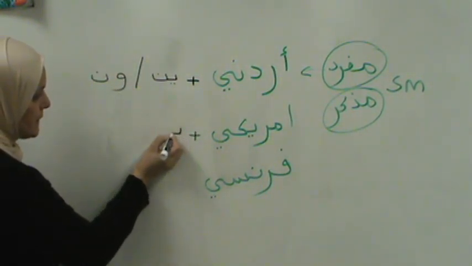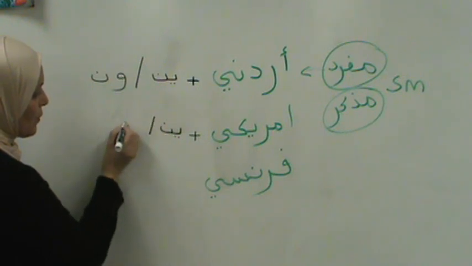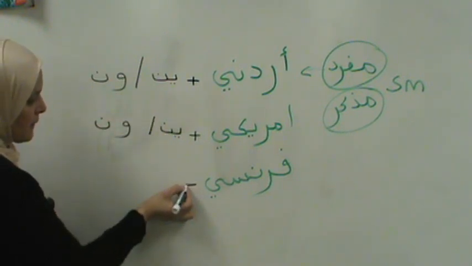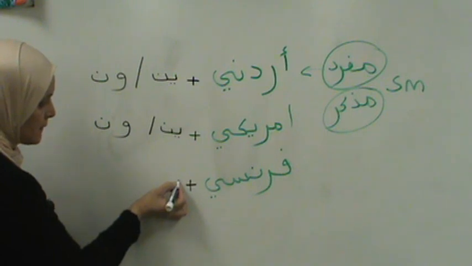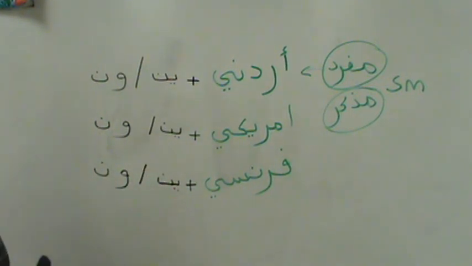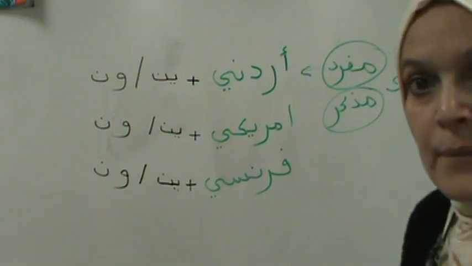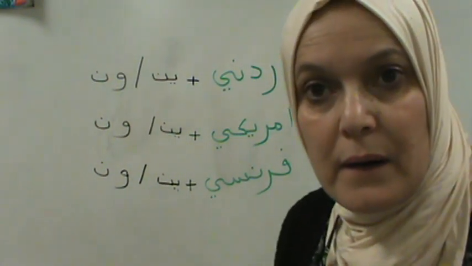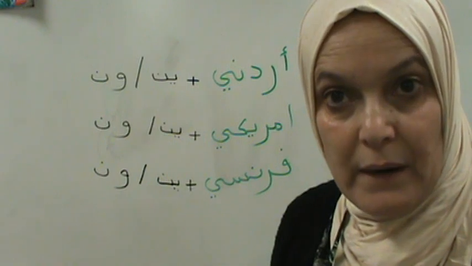You can add here in or un. It's a ya and noon, or waw and noon. I need to add this ya noon to make it plural. Masculine, مذكر, جمع مذكر سالم.